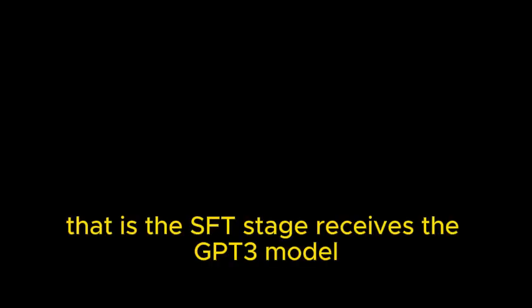In each stage, the results of the prior stage are fine-tuned. That is, the SFT stage receives the GPT-3 model and returns a new model, which is sent to the RLHF stage to obtain the instructed version.